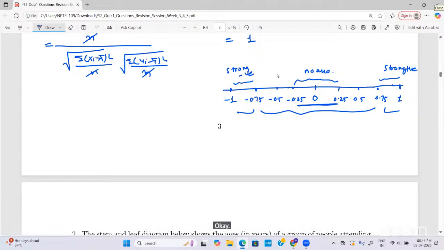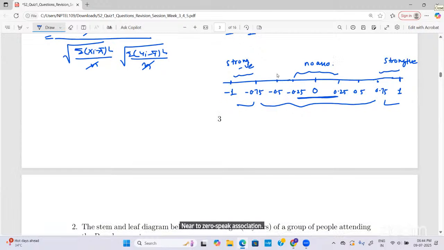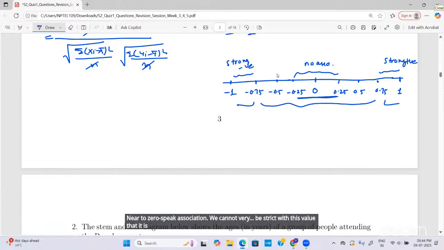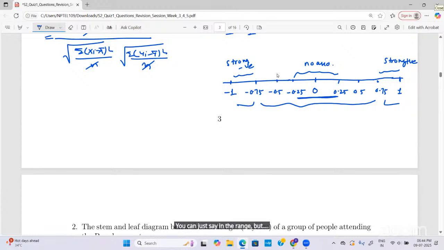Okay. If the value is near to zero or exactly zero, that means no association; near to zero is weak association. We cannot be strict with this value, that if it is 0.5 then it is not like that. We can just say in the range, but not a very strict point.